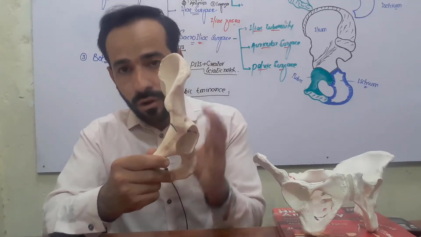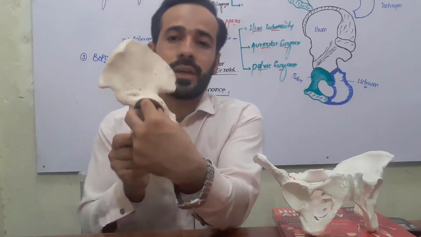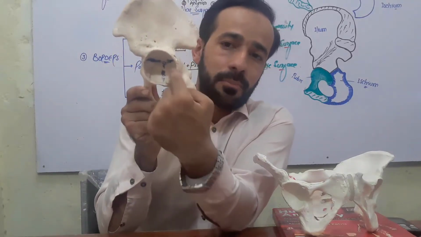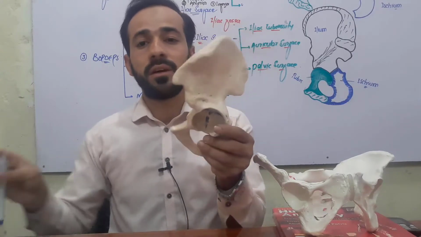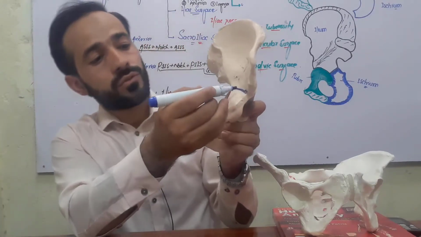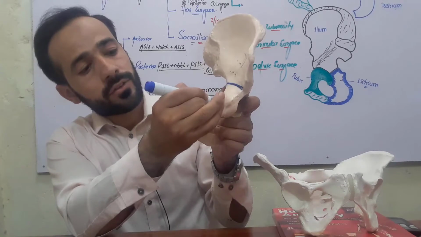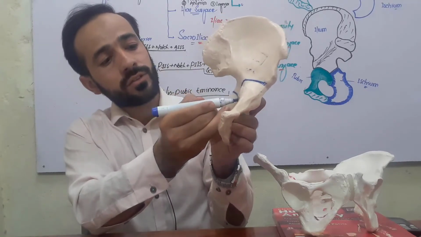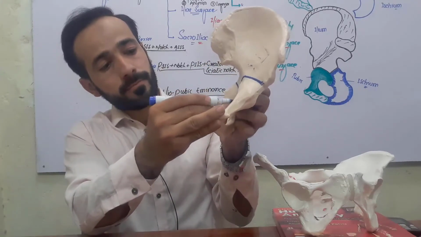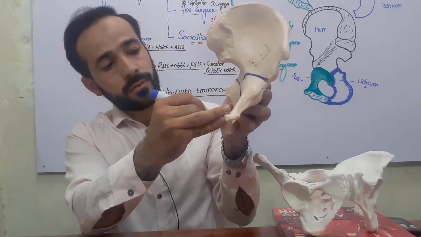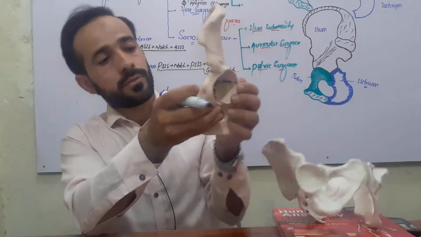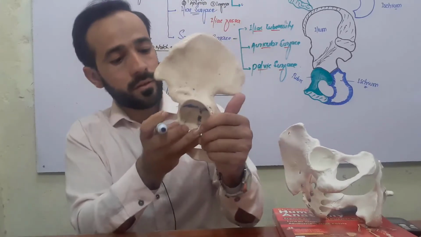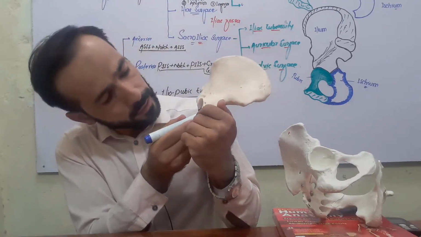And all these three bones unite together at this cup-shaped depression. This is called the acetabulum or the acetabular fossa. Now if you want to see, we can divide these three bones as such.